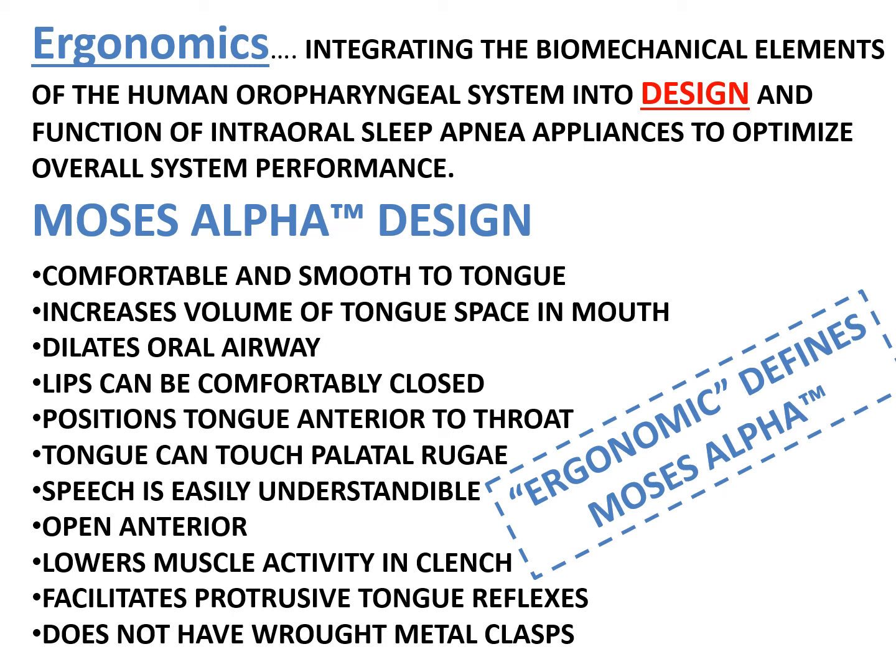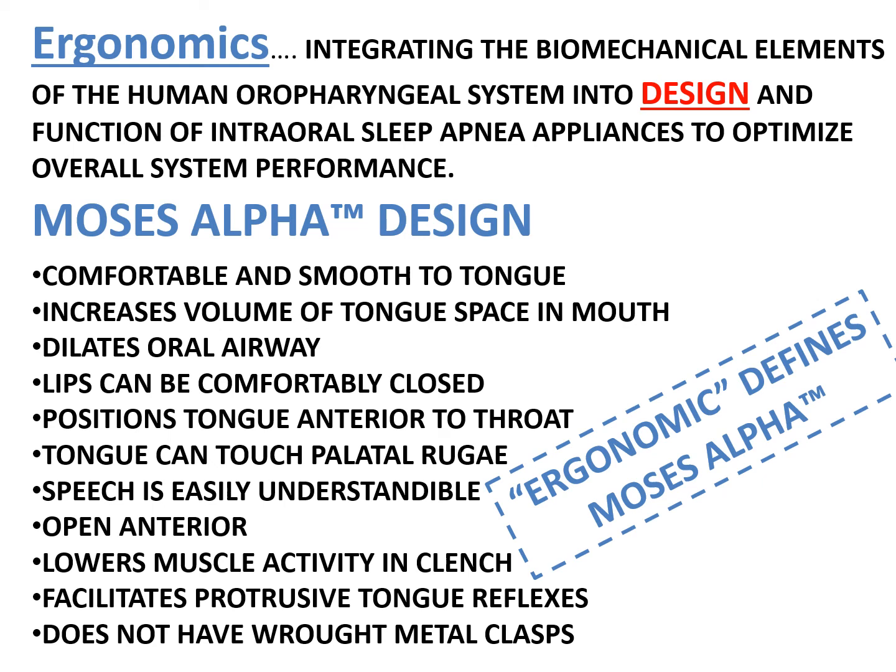Palatal rugae, if you think back to oral pathology, year 1 of dental school, Ruffini, Pacini, Meissner, and Merkel end bulbs, which in conjunction with activity from the tongue are capable of stimulating protrusive jaw reflexes. Speech is easily understandable with the Moses Alpha in place.